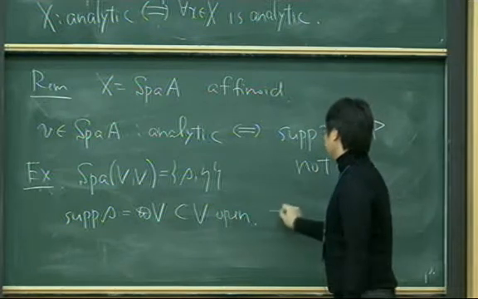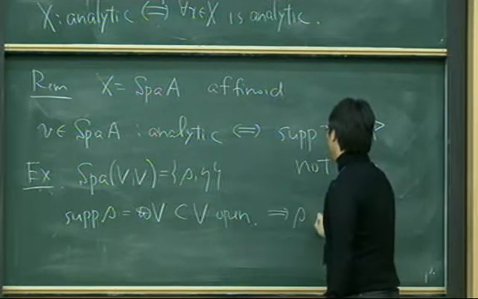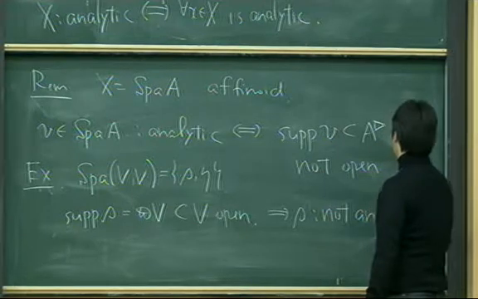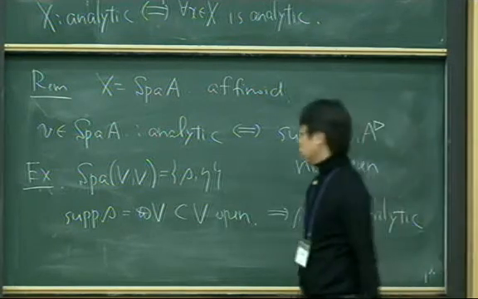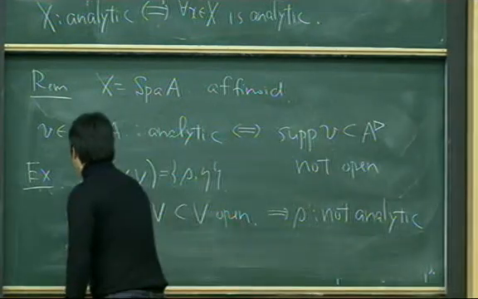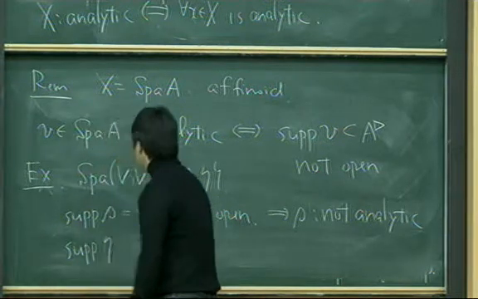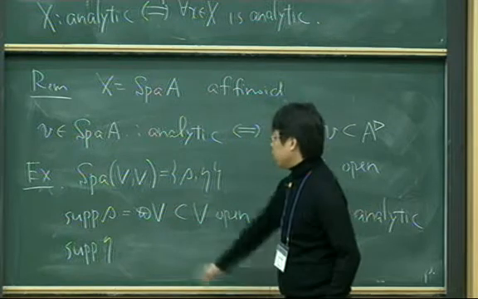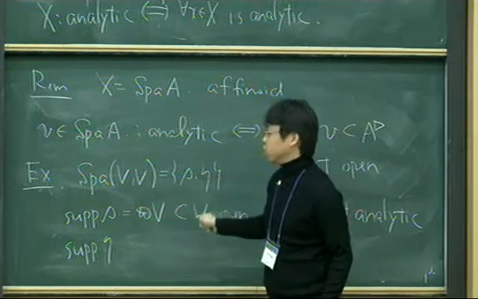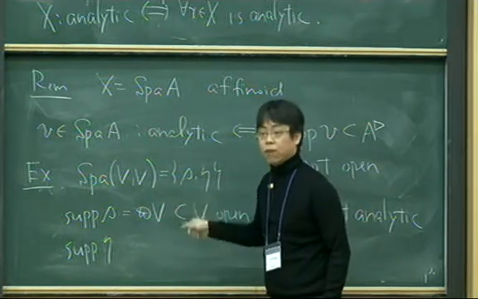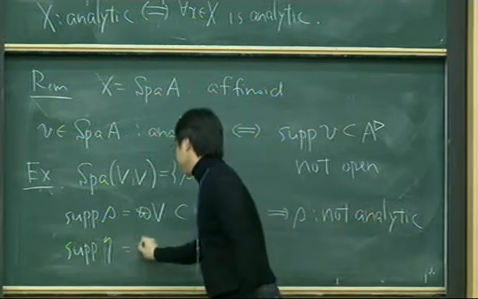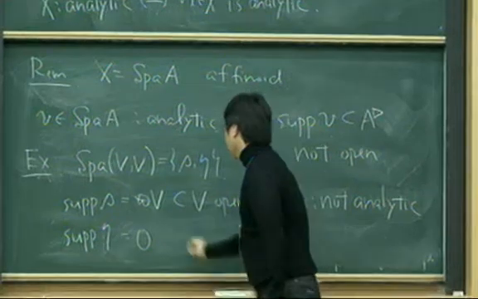So s is not analytic. On the other hand, the definition of eta is that we embed this V into K and take a valuation of K. So the support of this eta is 0, and this is not open.